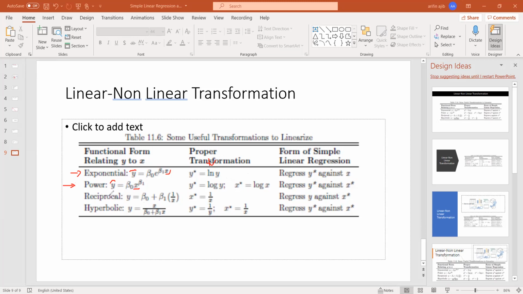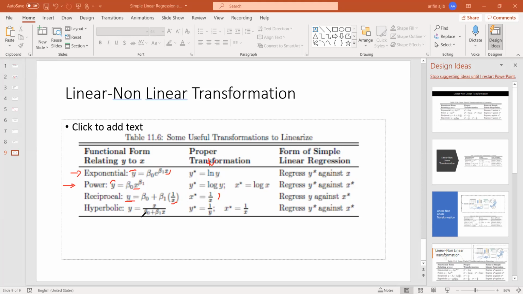It's also like the reciprocal. For the reciprocal, you can see this is y and this is x here, and you can use this expression, one over x, as a new variable, and then you can get the linear expression of this function.